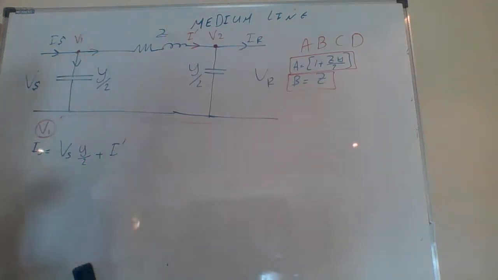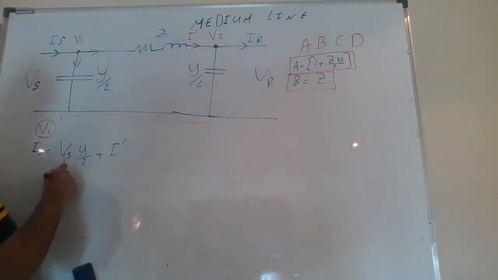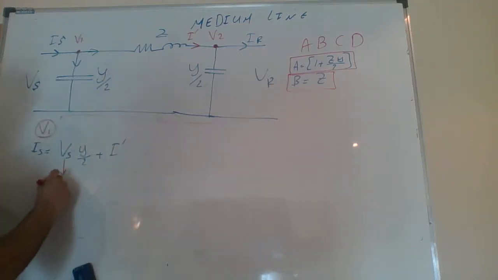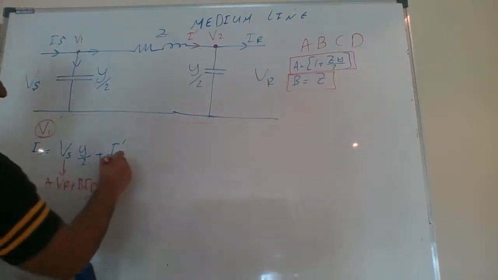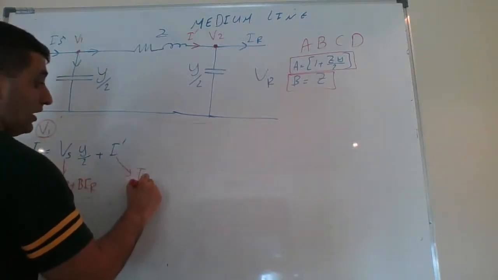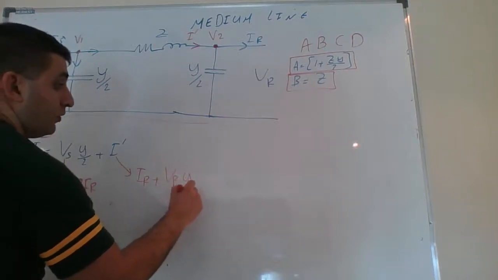Okay, I want to recall what Vs is equal to. Vs is equal to A VR plus B IR. From the previous one, this is equal to IR plus VR Y over 2.